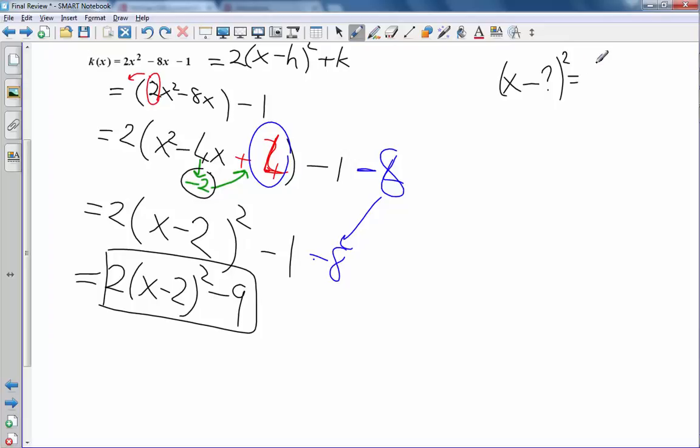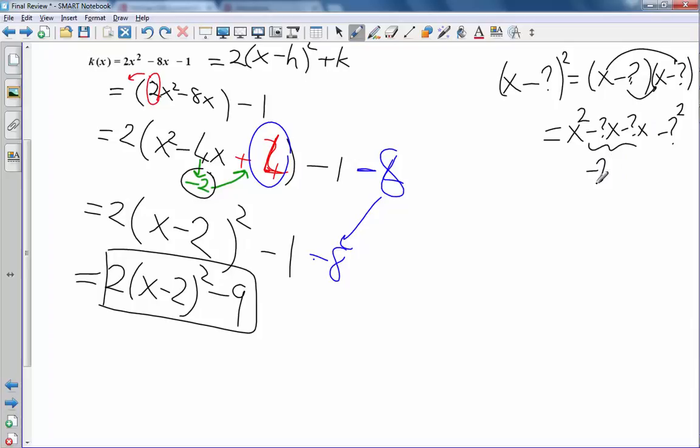Because when I square a question mark, it means you multiply it by itself. You get x times x, x squared. Question mark makes question mark squared. But when you multiply inside and outside terms, it is question mark x and another question mark x, and they make 2 question mark x.